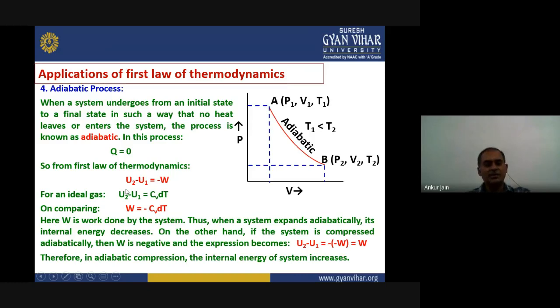In that case, U2 minus U1 will be plus W, and that will be a positive quantity. And because of that, when the system is allowed to compress adiabatically, the internal energy of the system is increased. Okay, these two conclusions we can get from these equations. The value of work done can be given by this, and the internal energy, whether it is increased or decreased, can be given by this equation.